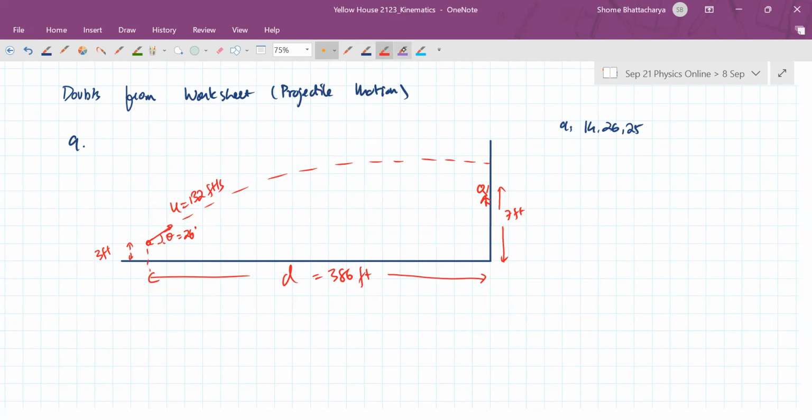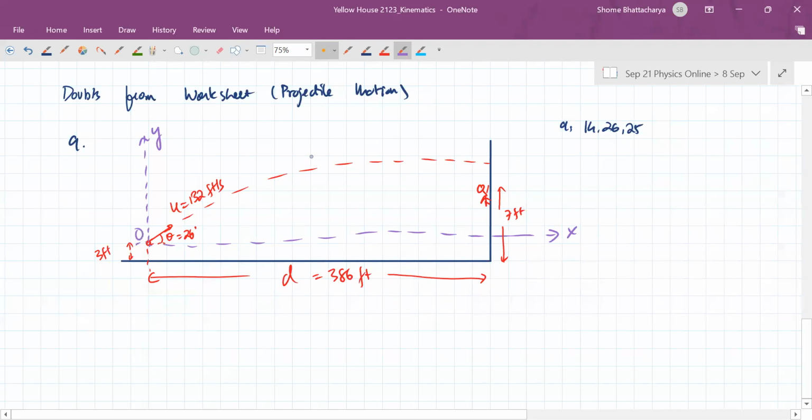What we'll first of all do here is take this as our x-axis and this as our y-axis. With respect to this origin, we can take this point as some unknown height h. Sorry, the horizontal coordinate x is equal to d at this point, and the y coordinate is some h which we need to calculate, where h will be not the height from the ground but the height from the x-axis.